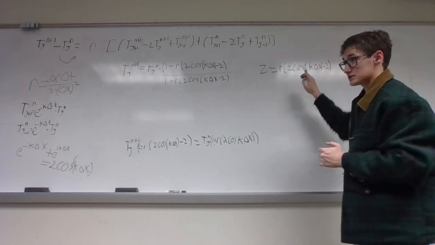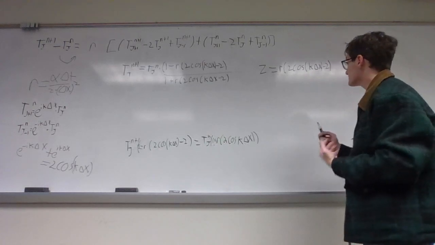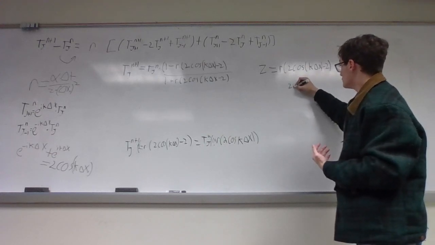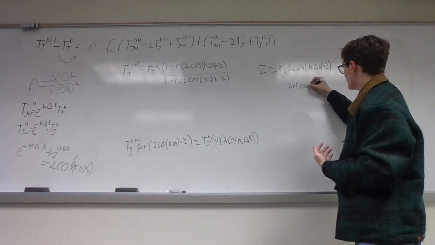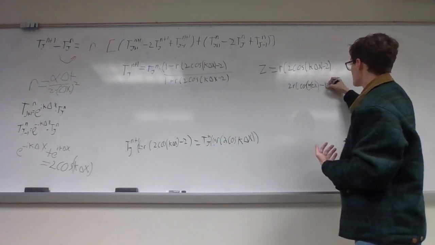The reason we're doing this is because cos x can get no larger than 1. That's its max value. If we factor this out, we would end up getting 2r and then (cos k delta x minus 1).